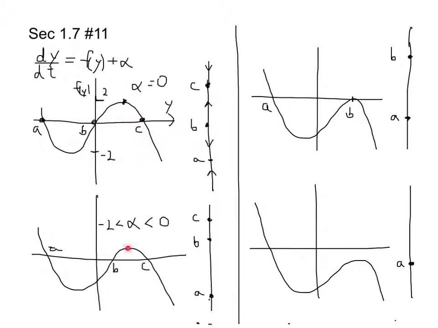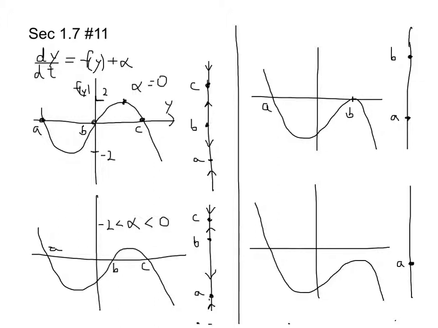We've just brought it down partially, so alpha has to be bigger than -2 in this case. And again, we see 1, 2, 3 equilibrium points, sink, source, sink. And so we draw the phase lines as sink, source, sink.